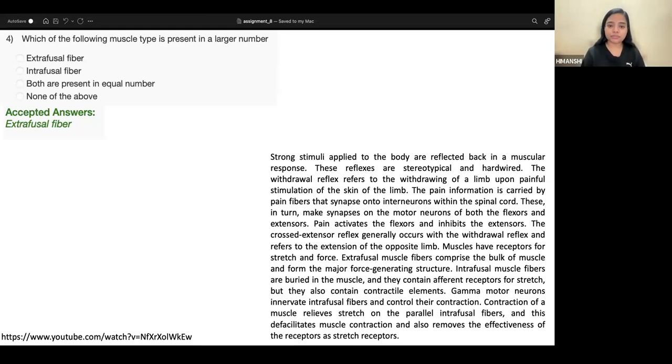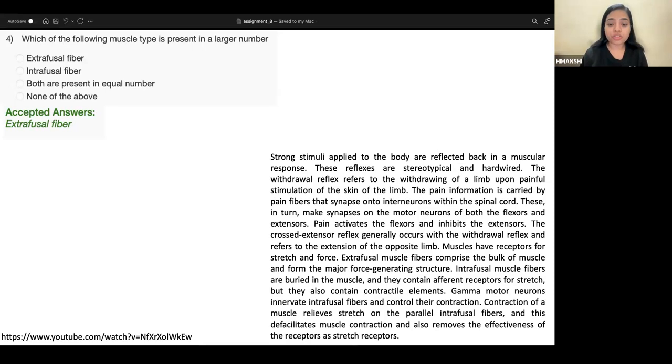These in turn make synapses on the motor neurons of both the flexors and extensors. Pain activates the flexor and inhibits the extensors. The crossed extensor reflex generally occurs with the withdrawal reflex and refers to the extension of the opposite limb.